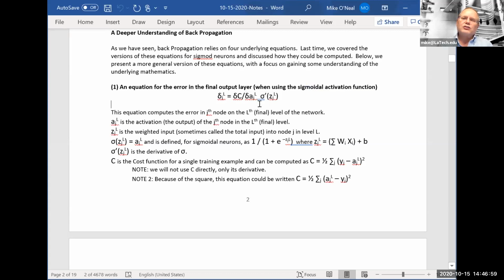In this case, our activation function is sigma. So the little prime there, sigma prime, is saying the derivative of the sigma function. It still takes in our z like normal.